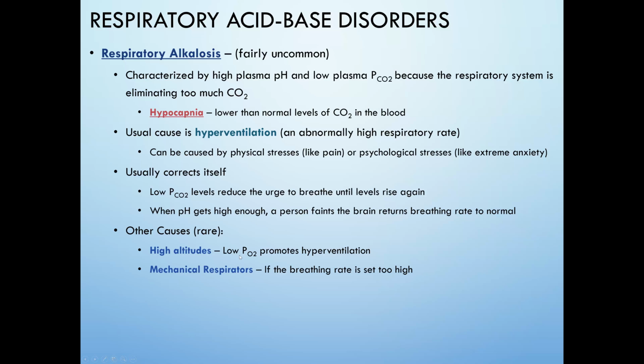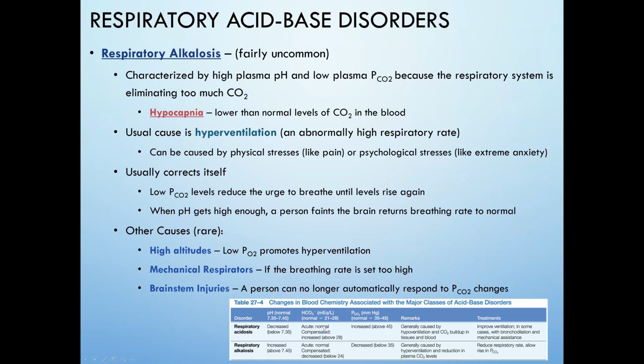Mechanical respirators, so ventilators in a hospital, if the breathing rate is set too high, can cause this problem. And then brainstem injuries. An injury to the brainstem means that a person can no longer automatically respond to carbon dioxide pressure changes in the blood, which is what normally adjusts your breathing rate.